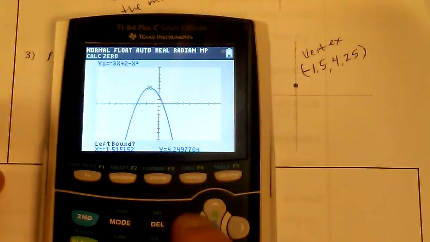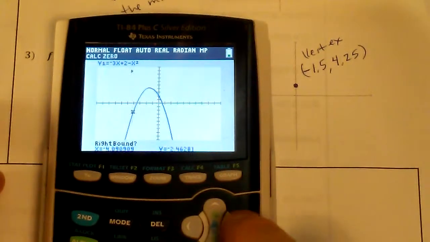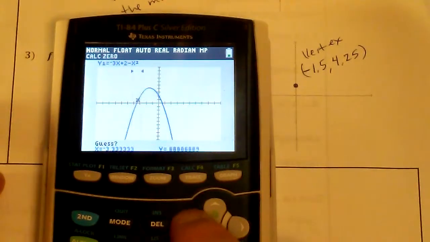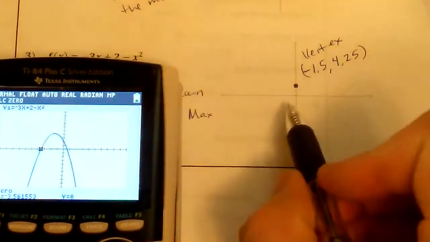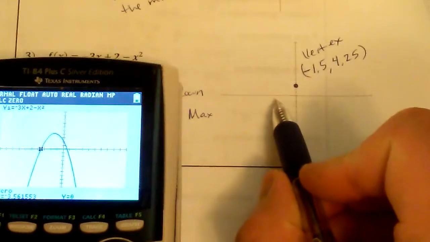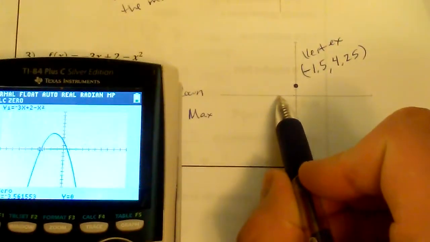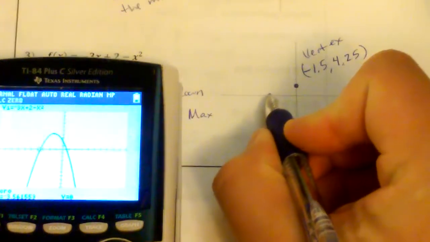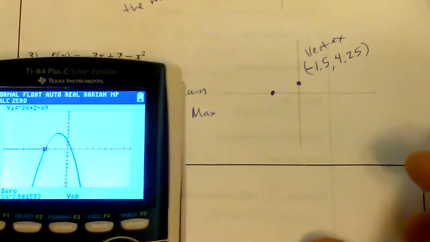All right, so now it's going to go through the same options, but now I'm going to narrow it down based on the intercept, not the vertex. So now I'm focusing on this left intercept, or 0. Take a guess. It tells me it's -3.56. All right, so it's approximately halfway between -3 and -4. So right about here.